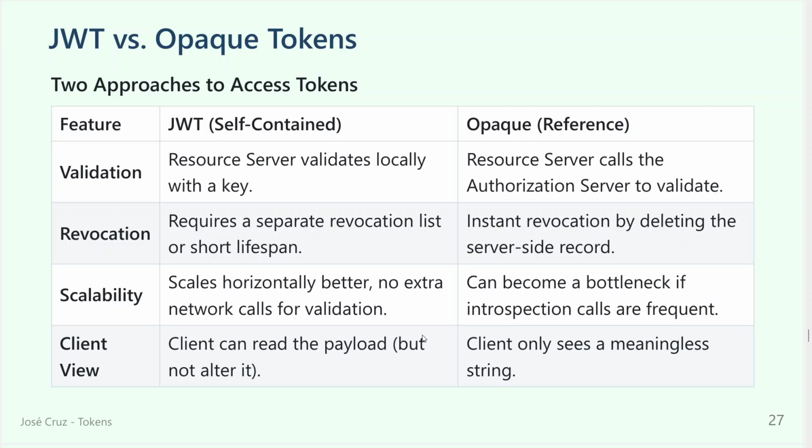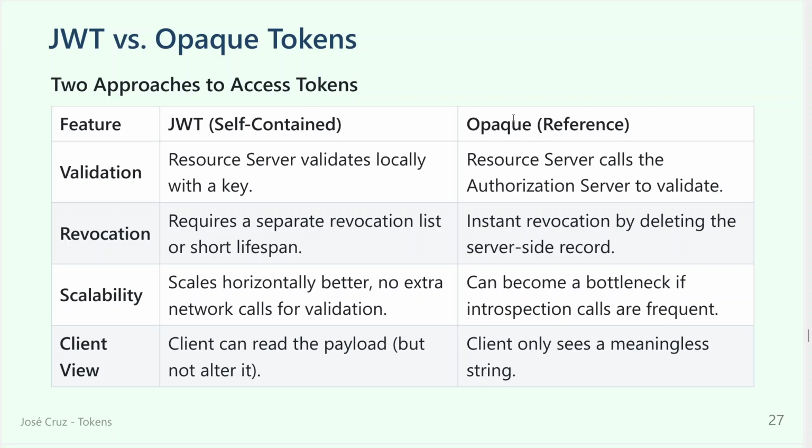Okay. So what is the difference between JSON Web Tokens and opaque tokens? I think you understand JSON Web Tokens now. First, the JSON Web Token is self-contained. It means that it contains all the information that is necessary. You don't need to send this token to the authorization server to validate it. All the information that is necessary is valid during a specific time.